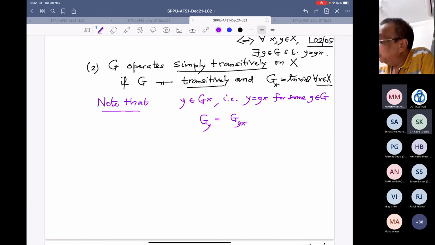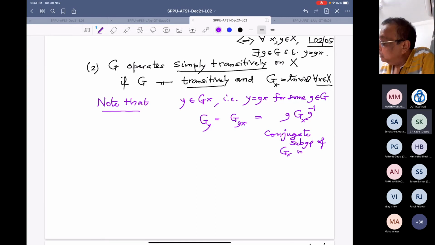So I want to write the relation between G suffix y and G suffix x. So this will be the conjugate. So this is a conjugate subgroup. Let us check quickly. Subgroup of Gx in G. So I want to check this equality.